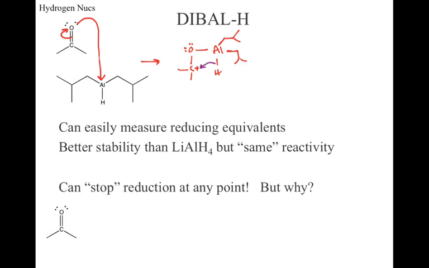That hydride from our aluminum can now shuttle across, a single hydrogen, and we can end up with our now reduced structure that we can then follow up with our H2O, or H3O, something to just go ahead and hydrolyze off the aluminum, and we have our single reduction.